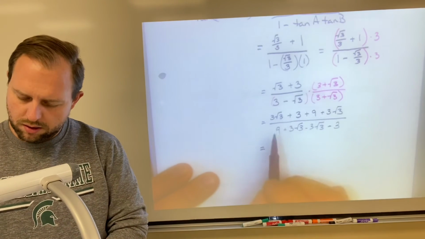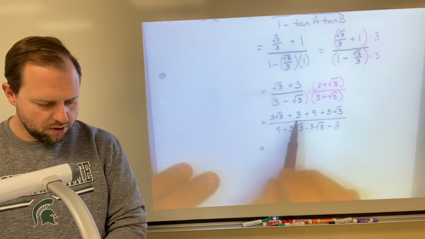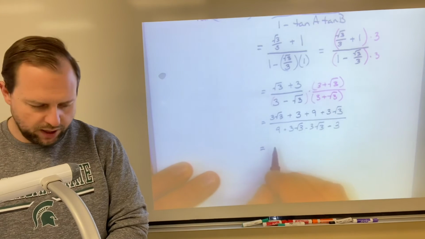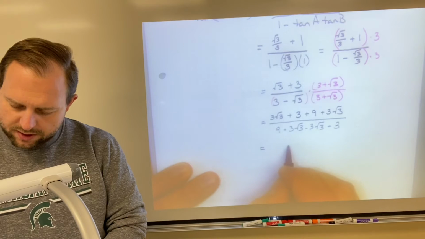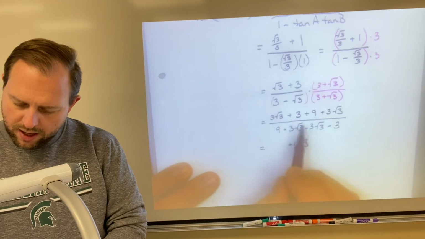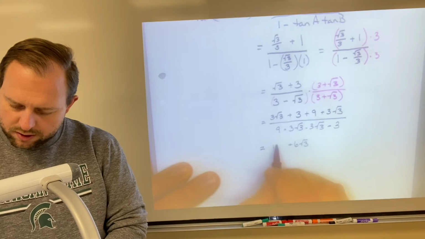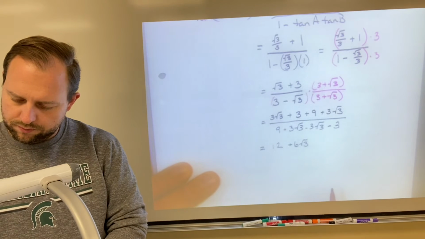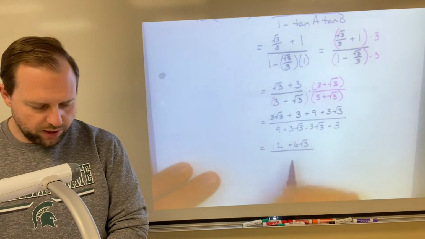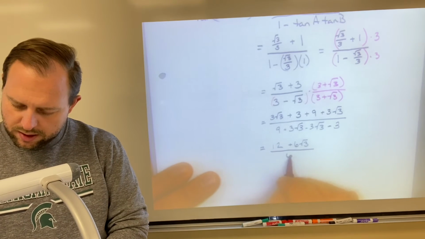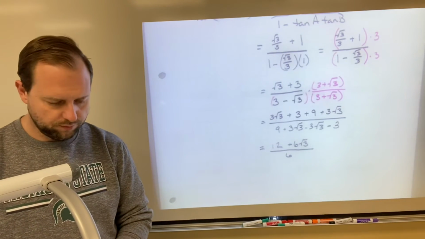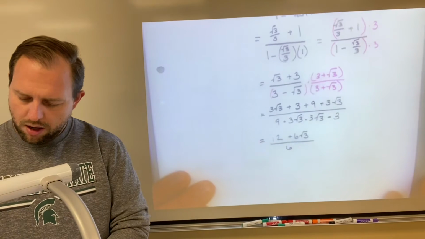So, on top, we have 3 root 3 and another 3 root 3. That'll give us 6 root 3. And the 3 and the 9 give us 12. The bottom, 9 minus 3 is 6, and the root 3's cancel out.